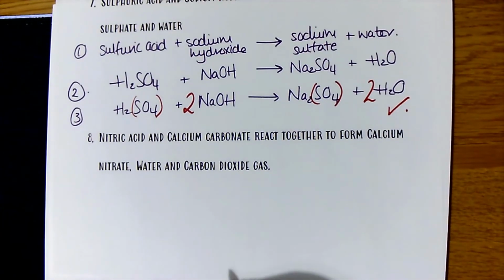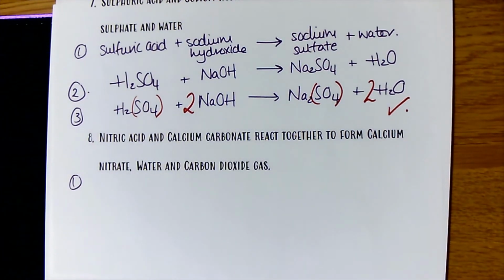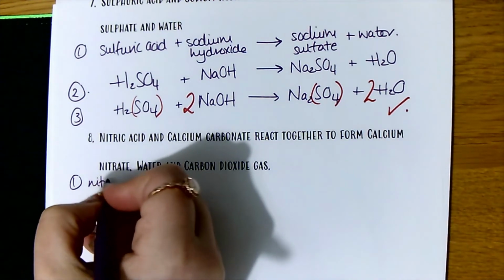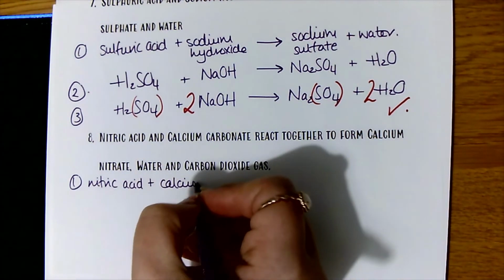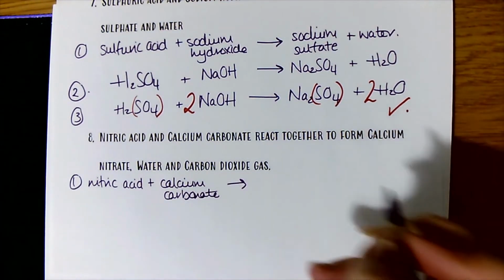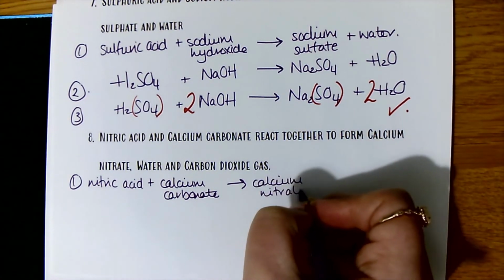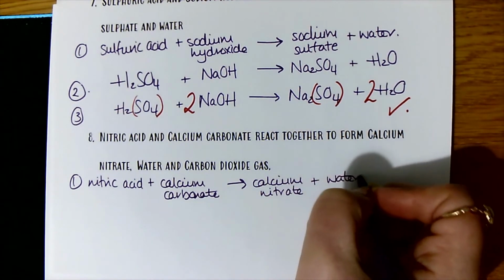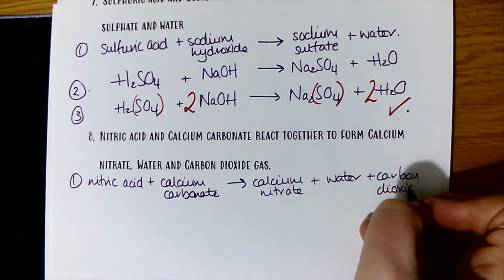And our very last example. Nitric acid plus calcium carbonate react together to form calcium nitrate, water and carbon dioxide gas. So nitric acid plus calcium carbonate yields calcium nitrate and water and carbon dioxide.